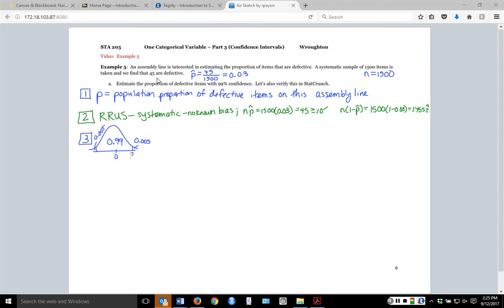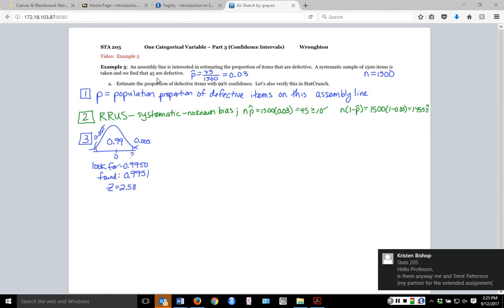Our goal is to find that number. So we're going to the table looking for everything to the left of that question mark, which is 0.9950. This is where we're working backwards in the table. The closest thing we find to that is 0.9951, giving us a Z of 2.58.